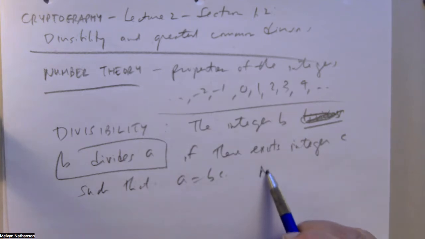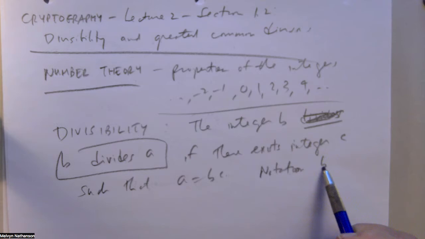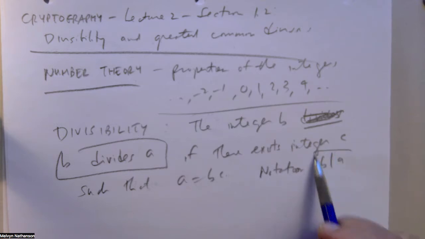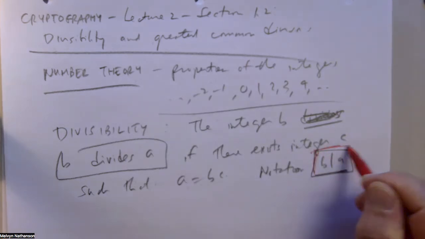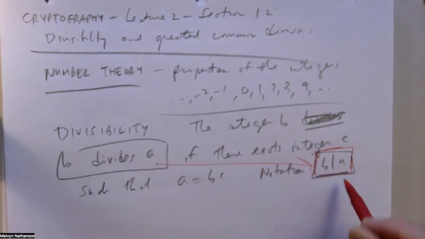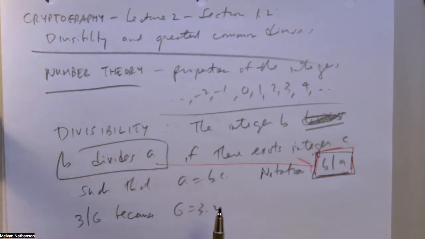And the notation is b vertical line a. So when you see this notation, this means b divides a.